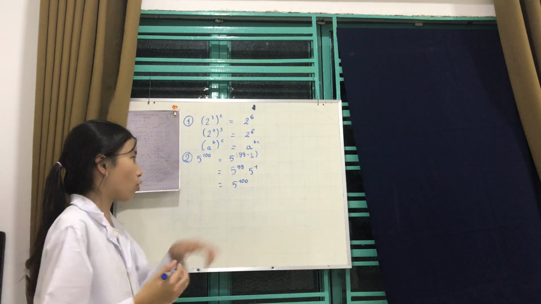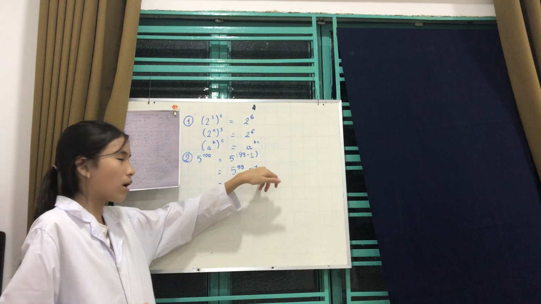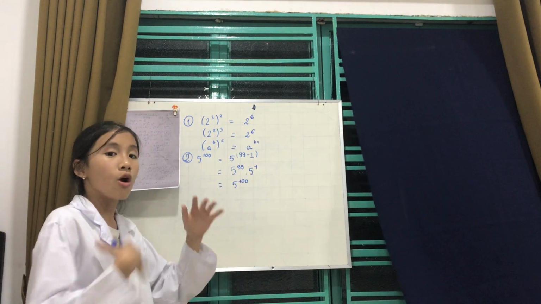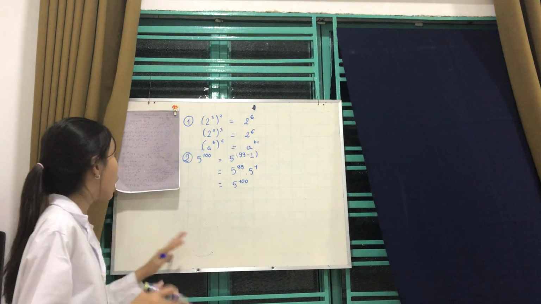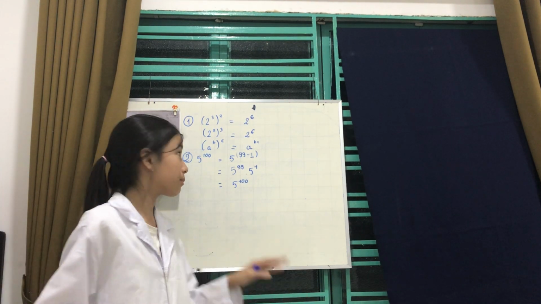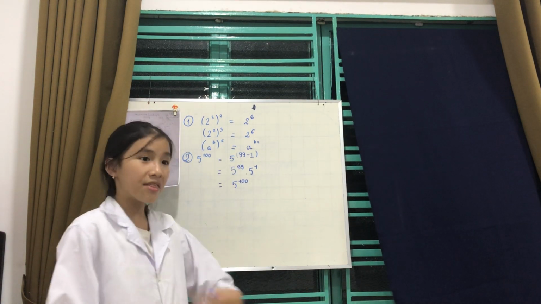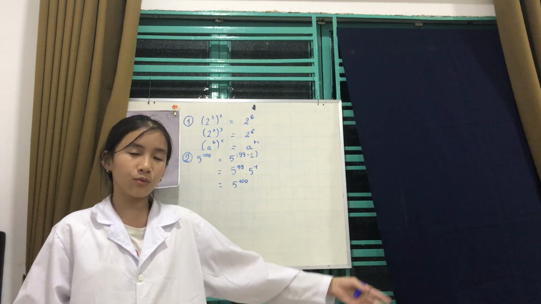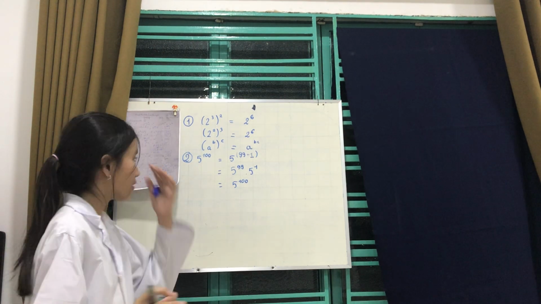This will equal 5 to the power of 99 times 5 to the power of 1. So it's like a reverse. We can reverse it back, and this will, of course, equal 5 to the power of 100. But if we write out the answer, it will be super wrong, because this is 5 times 5 times 5 times 5, and then until we multiply 5 until we get 100 fives.